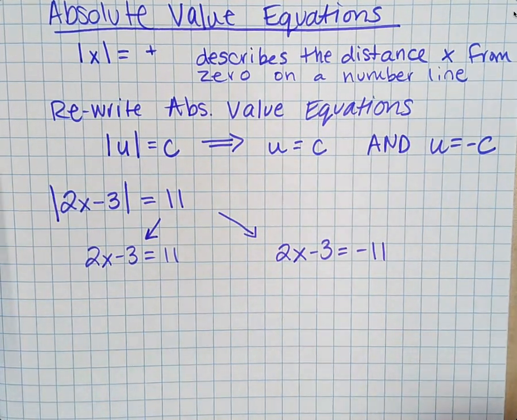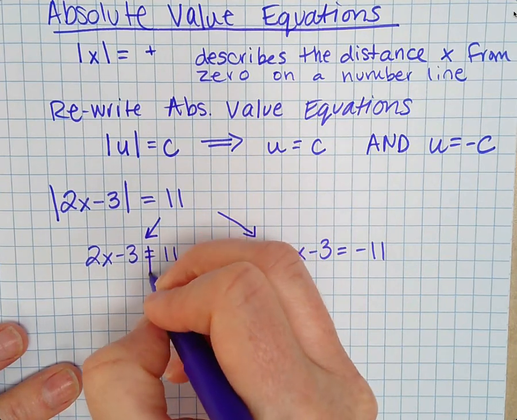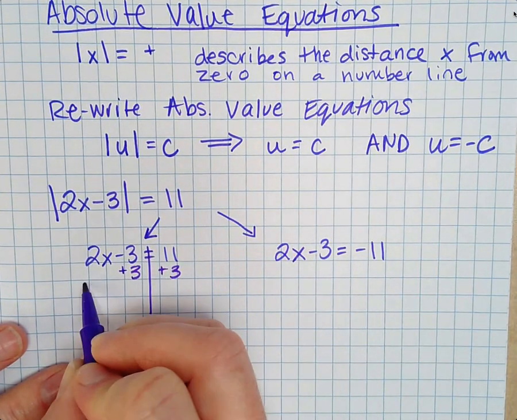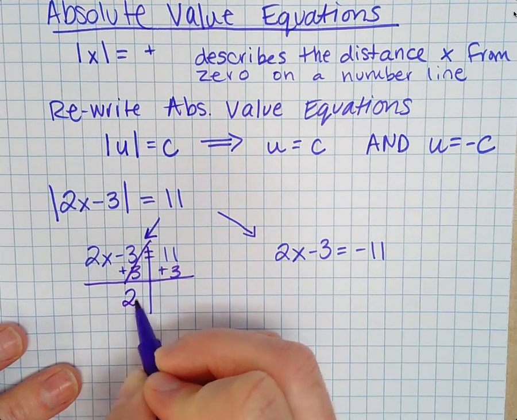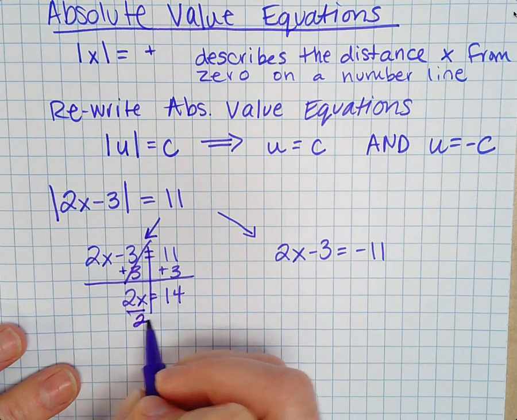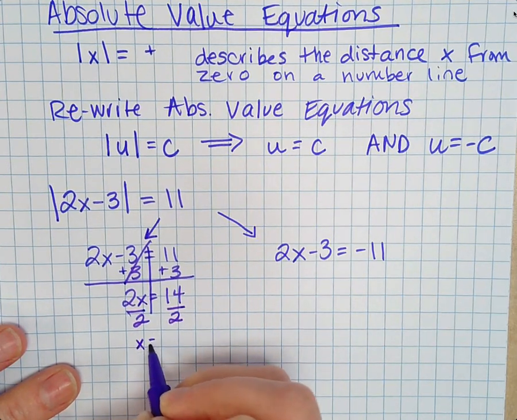And you'd solve it to get the solutions. So you would add 3 to both sides. So 2x equals 14. Divide by 2, x equals 7.